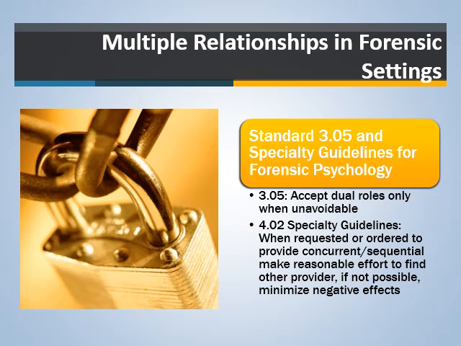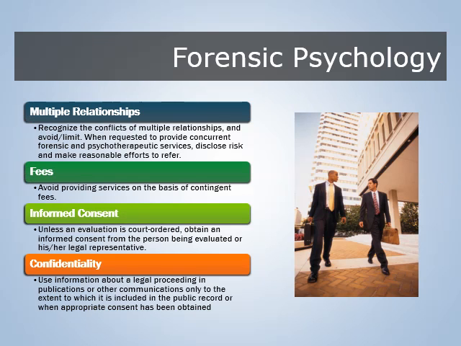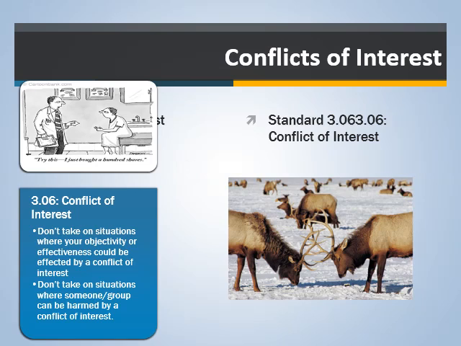But if that's not feasible, you can do it. Just disclose risk, consider risks and benefits of all parties, and basically you're just trying to minimize any negative effects of the circumstance. A little more on forensic psychology. Multiple relationships do come up, so really trying not to provide concurrent services, but if you do, you do.